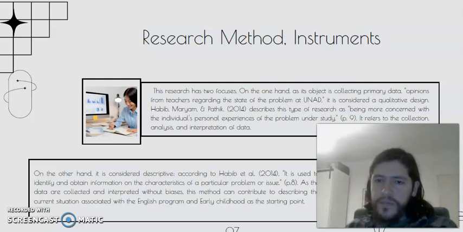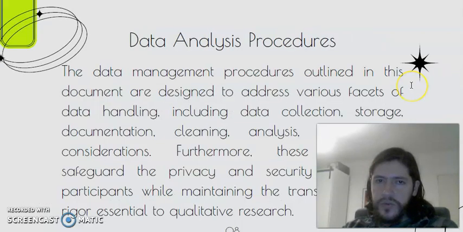And the second instrument was a virtual survey that I used to make a SWOT analysis with some strengths, threats, opportunities, and I have found with this SWOT analysis some categories that I'm going to show you in the next stage.